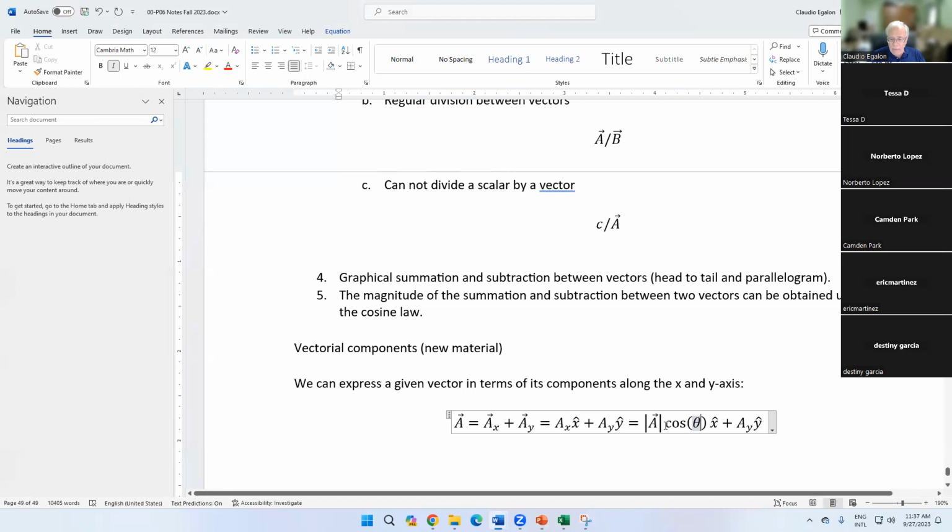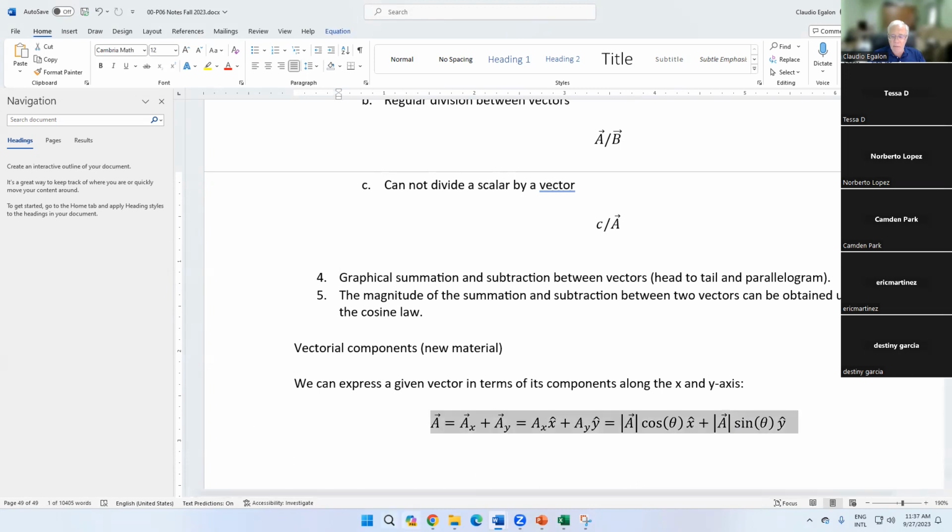Not just in terms of a cosine, but also in terms of a sine. And now I don't need this anymore. Okay, 1, 2, 3 different ways of writing the same vector in terms of its components. Thank you so much. Welcome.